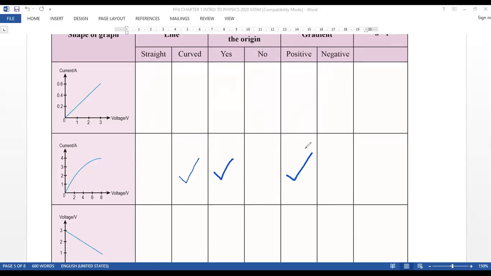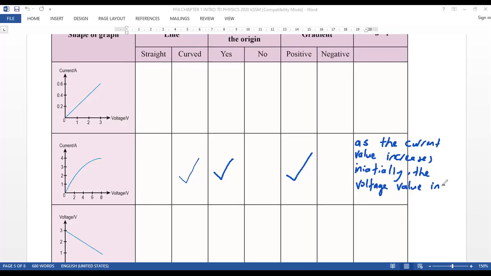How to give an interpretation of this line? This one we have a special way to explain. We will say: as the current value increases initially, the voltage value increases.